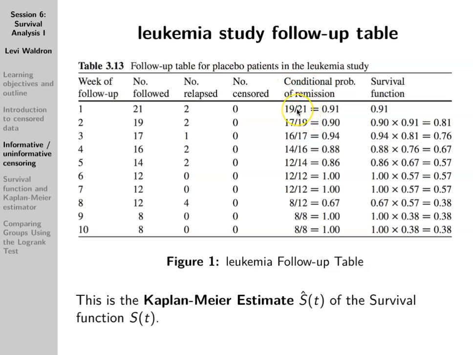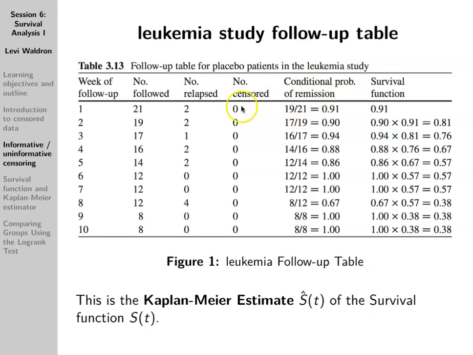And so what is calculated here, this conditional probability of remission, is the probability of an event occurring in this week. And I'm sorry, apparently this is remission and not death.